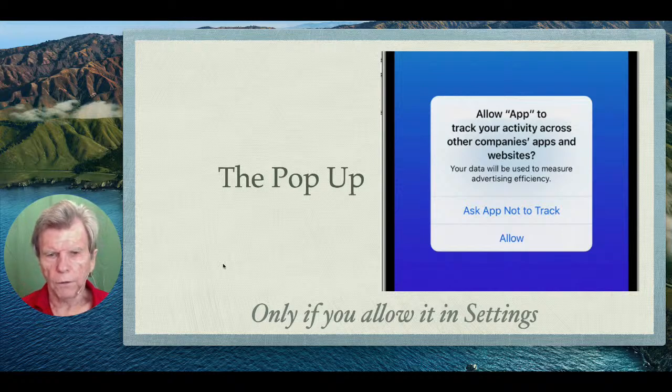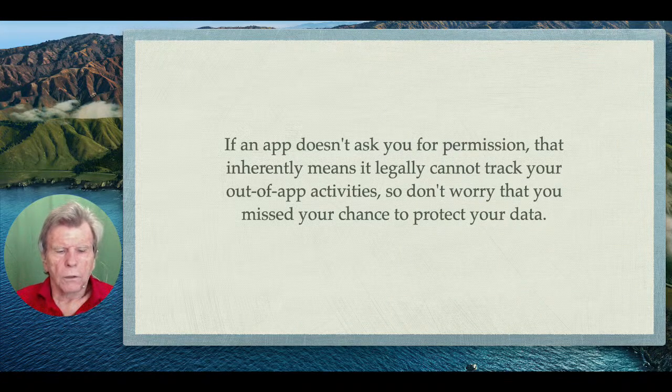Again, just to review, when you don't turn on the little switch in the settings, then you won't see this message at all and you won't be tracked universally across all of your apps. So if an app doesn't ask you for permission, that inherently means it legally cannot track your out-of-app activity, so you don't need to worry that you missed your chance to protect your data. So hopefully we've said that several different ways.